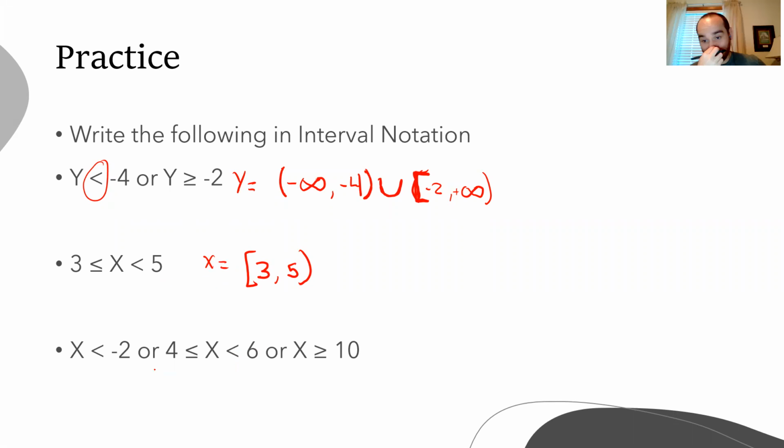It doesn't really matter. And then here we've got x is less than negative 2, or x is greater than or equal to 4 and less than 6, or x is greater than or equal to 10. So in this case, there are 3 separate data sets. And if we wanted, we could write them out on a number line as well. Here's negative 2, here's positive 4, here's positive 6, and here's positive 10.